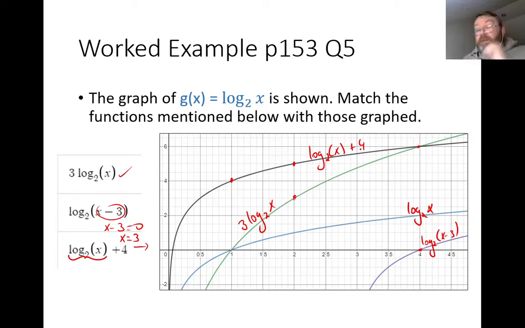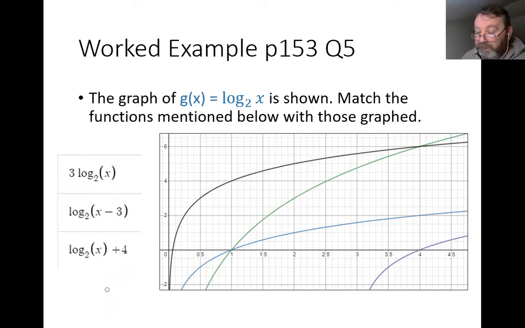Now, the one thing people might be confused on is this one and the last one. When you put a coefficient in front, okay, it's the outputs only that are multiplied by 3. They still have the same x values, but the outputs are multiplied by 3. So if I'm going to just do that again, and I'm going to do it very quickly because I just need to make sure you understand this. Let's take the first one, all right? We know that the blue line there is log to the base 2 of x. Okay, now let's take the first one. 3 times log to the base 2 of x.